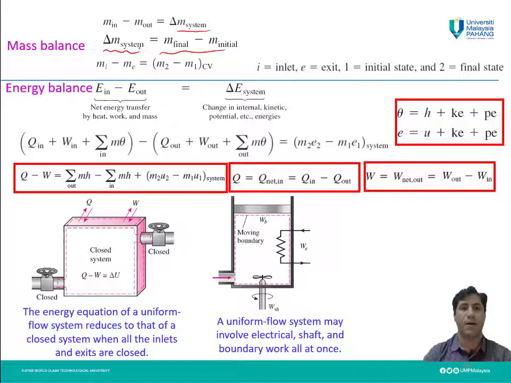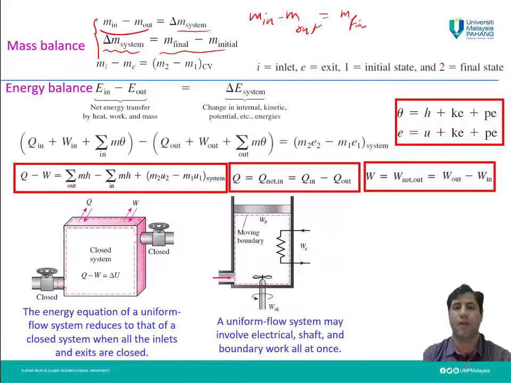So M in minus M out is equal to M final minus M initial.